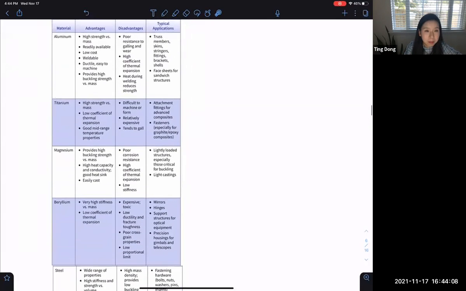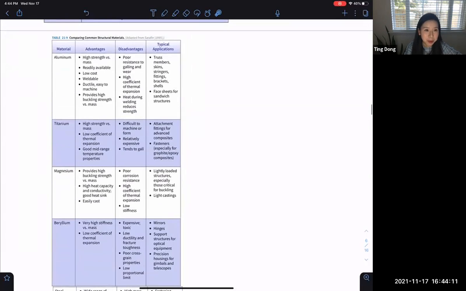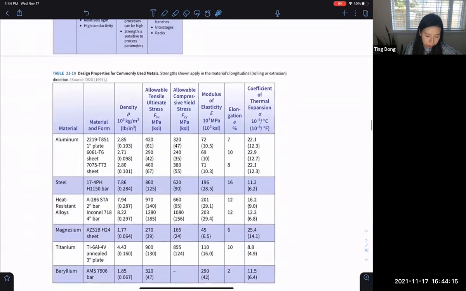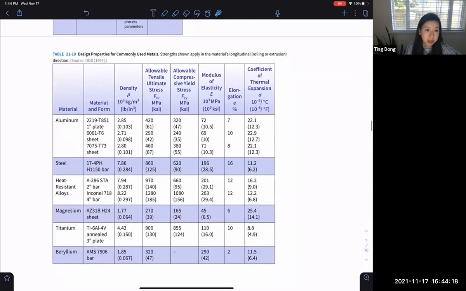So you should have your own decision and your own justification for which material you want to use. And specifically, for aluminum, we have different types. We have 7075 or 6061, or on aircraft structure, a lot of the time we use 2024. So you cannot just say aluminum, you need to specify which type. And different types of aluminum have a very wide range of properties.